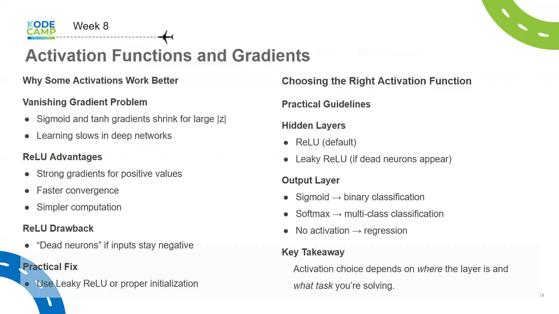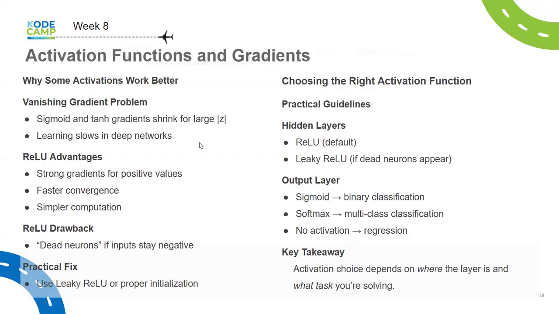For example, you have what we call the vanishing gradient problem. When the value of the signals is very large, the gradient begins to vanish. That's what you see for large z: sigmoid and tanh gradients shrink, because at that point the curve is flattening out.